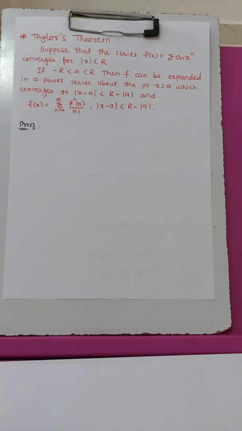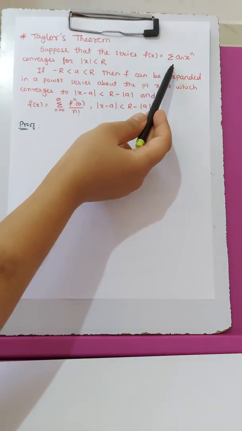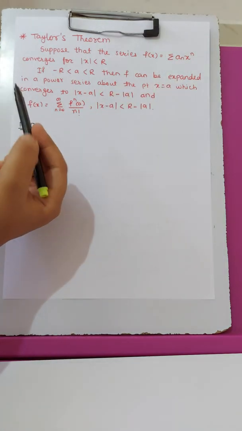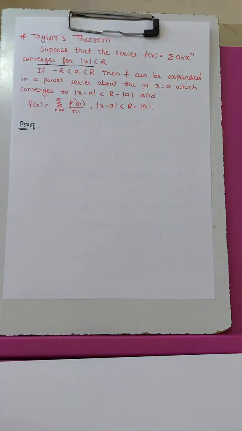So the last topic of this unit is Taylor's theorem. The statement for it is, suppose that the series f(x) is equal to summation a_n x to the power n, and this series converges for mod x less than r.